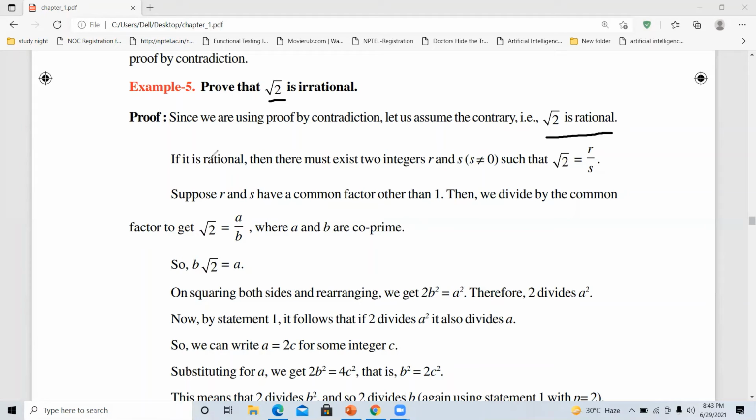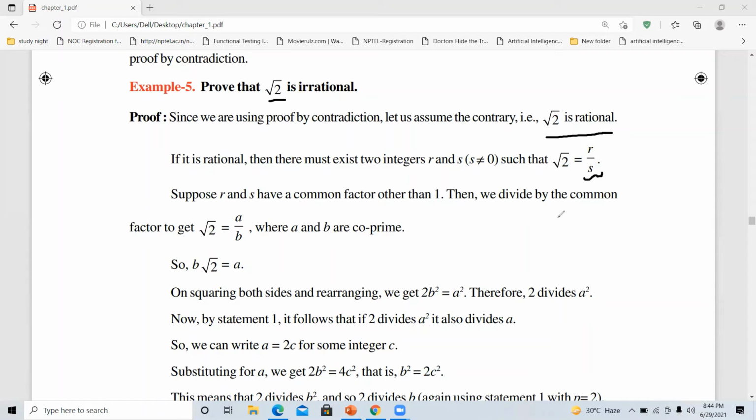Now let us go into the method. If it is a rational number, then it should definitely be in the form of p by q, and hence considering root 2 equal to r by s, where s is not equal to 0. First, suppose we are considering that r and s have a common factor other than 1.